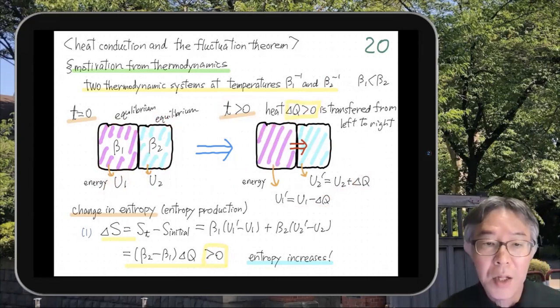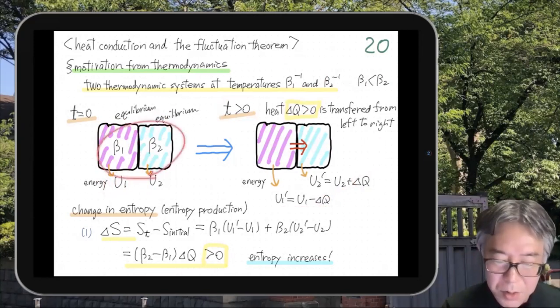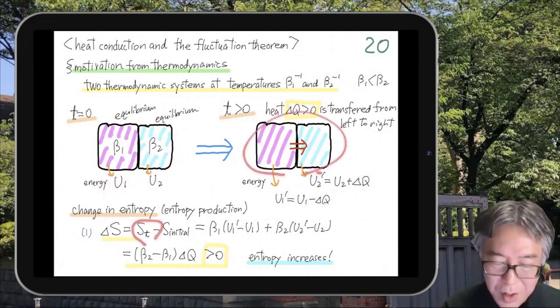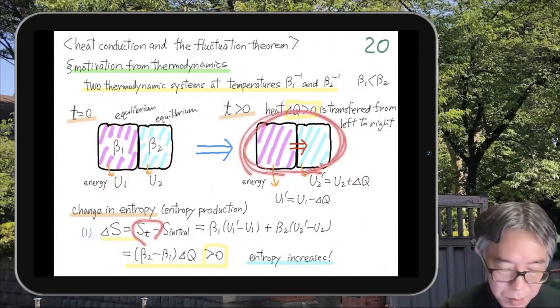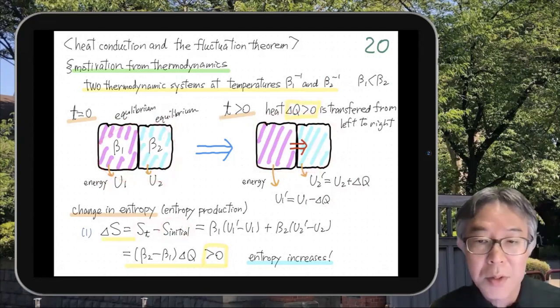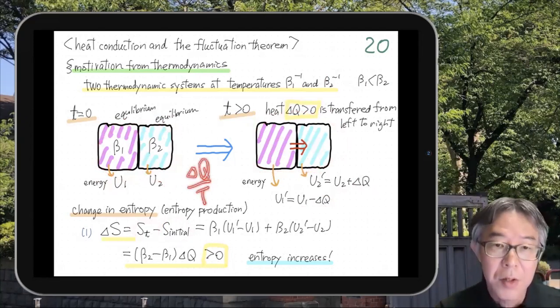Then thermodynamics tells you what the change of the entropy is. This delta S is the entropy in this state minus the entropy of this initial state. And thermodynamics tells you that the change of entropy is usually written like delta Q over T, I think you remember.